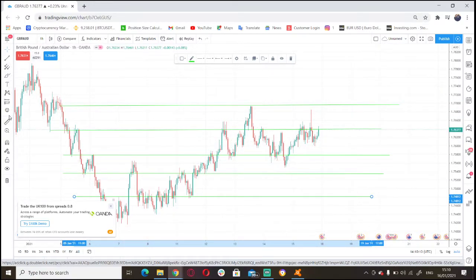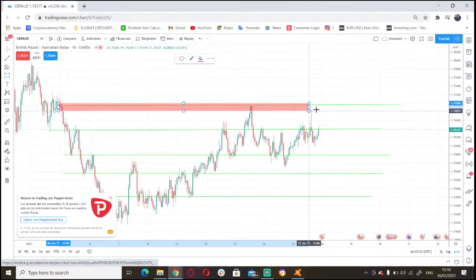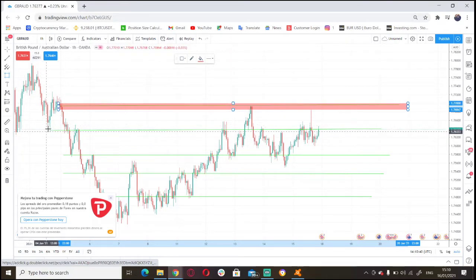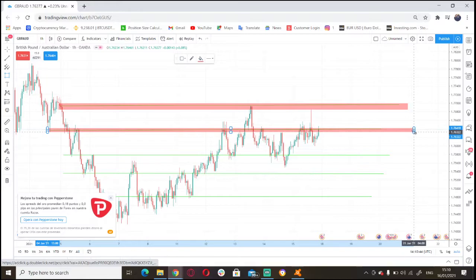So just to make it more visible for the eye, so that you understand that it's a zone and not a line, just plot these. So now we know that's a zone. We know that's a zone.